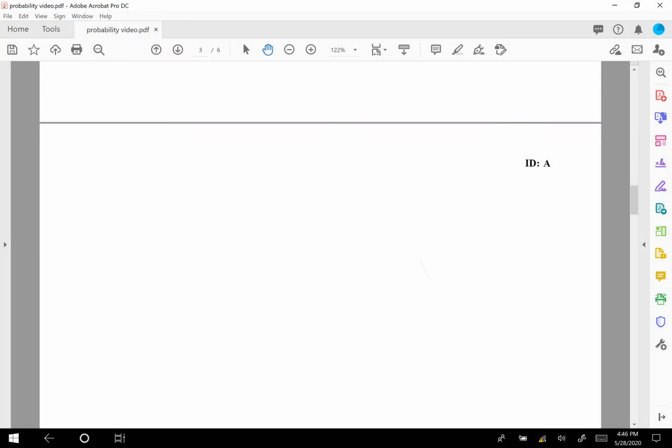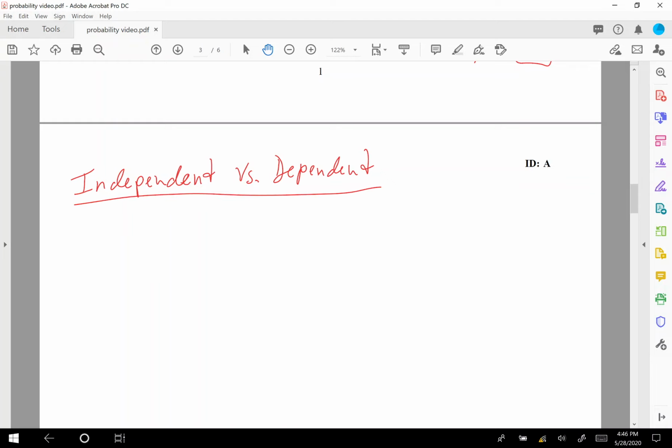Independent versus dependent. This is when we have more than one event happening. Like if you take 2 cards from a deck of cards. It'll be independent if you actually return the cards to the deck, but it would be dependent if you didn't return the cards to the deck.